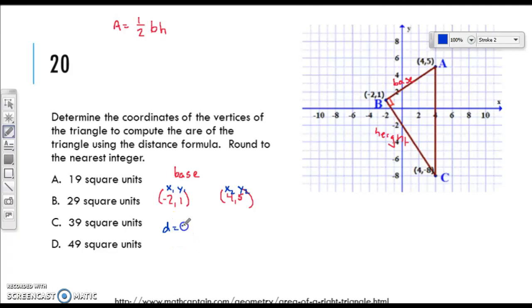Now, if you remember, the distance formula says we want to take the square root of (y2 minus y1) squared plus (x2 minus x1) squared.